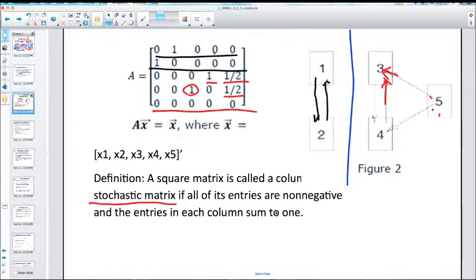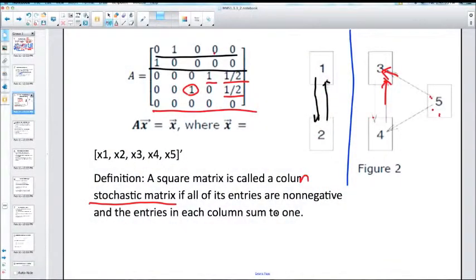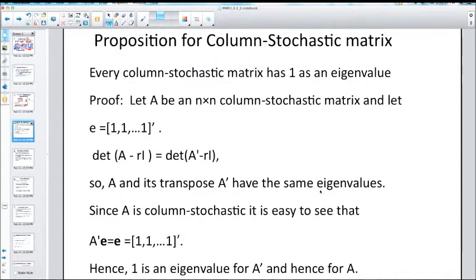So that's why each column is going to be 1, because this is how we modeled this problem. And a stochastic matrix has a few requirements. First, each column is going to add to 1. Second, no negative entries. They all must be positive. You don't have a negative probability anyway. So we understand this concept.